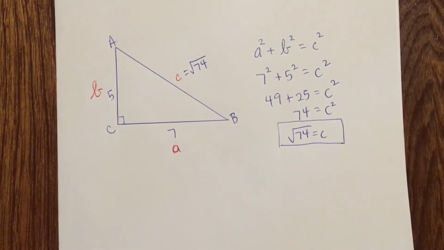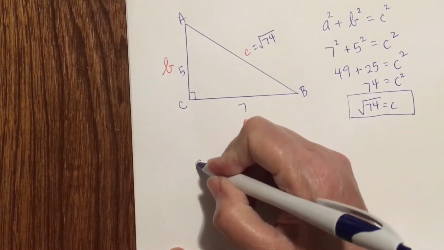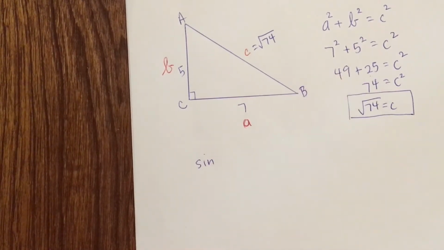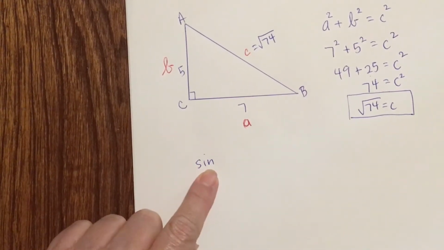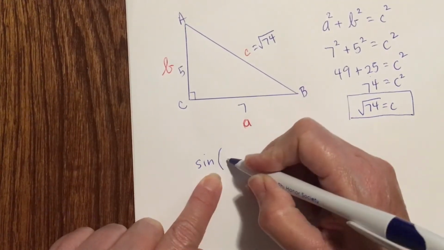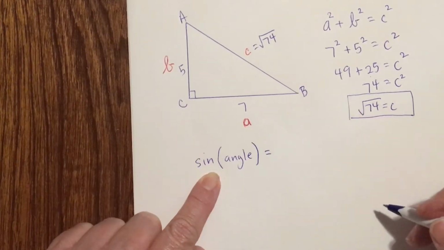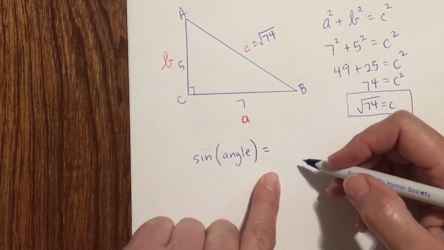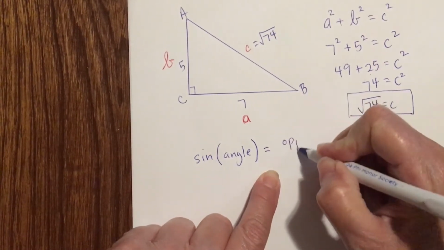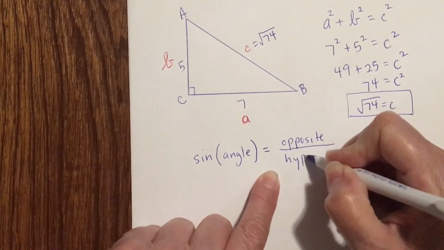Now, what are the trig ratios? Sine, cosine, and tangent. You have to have an angle for each of the trig functions. I'm going to do sine, parentheses, angle, equals, the sine is opposite over hypotenuse.